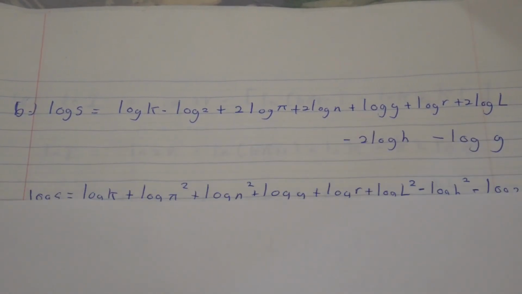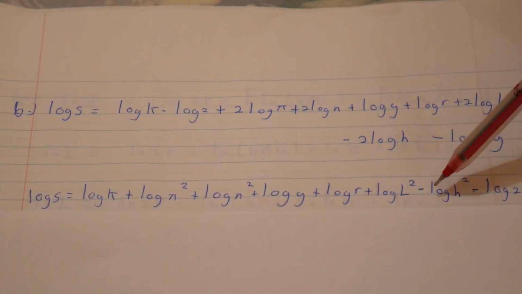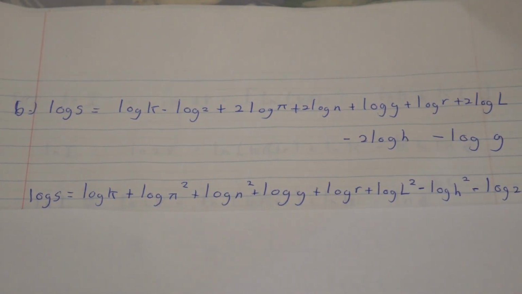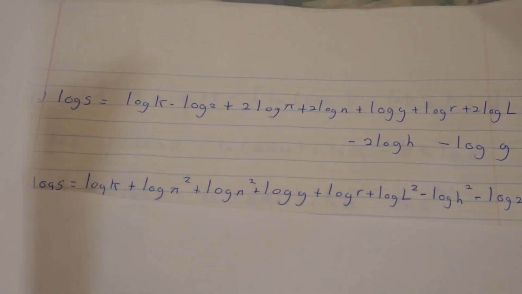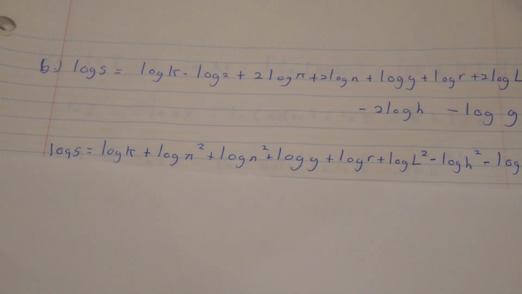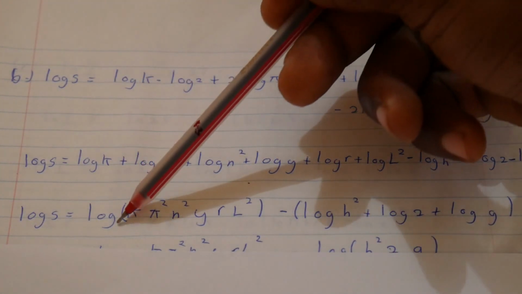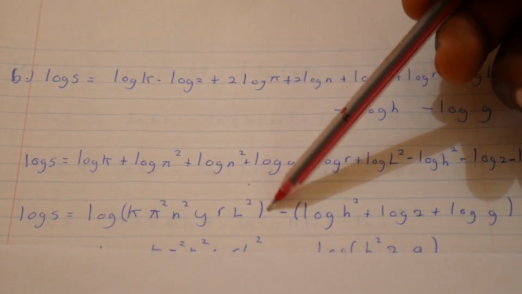I grouped the additions first in front and left the subtractions behind, because when working with logs you want to use a BODMAS rule, so you clearly have all additions on one side so you can continually use rule 1, and then when that's exhausted go to the subtractions, or maybe factorize as we did before and make it easy. So I grouped all the additions together and I did this. I had log of k plus log of pi squared, etc. And I said log of all that.